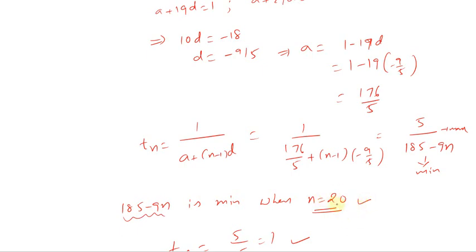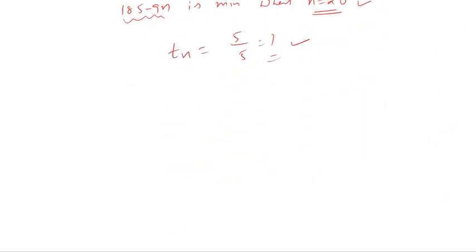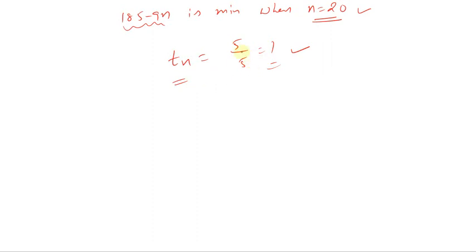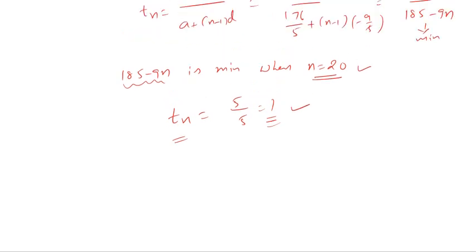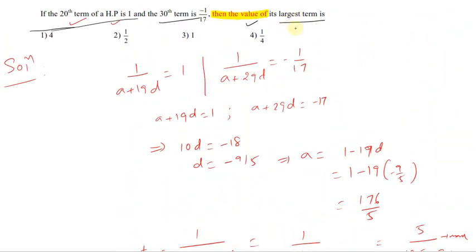And n should be an integer. You have to keep this point in mind. You should not take a fraction, because you are calculating the nth term. So finally, Tn is equal to 5 by 5, substituting n equals 20, which is 1. That is the nth term, and that is nothing but the largest term. So according to your given question, the largest term value is 1 in this sequence. Next, come to the next question.